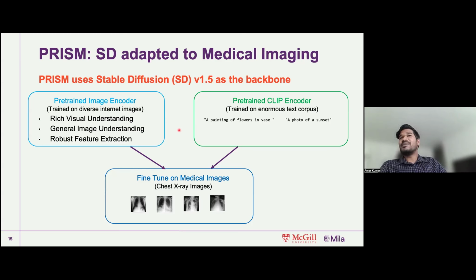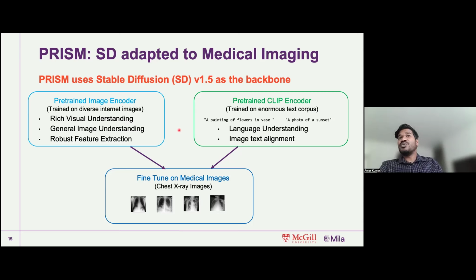And we also use the pre-trained CLIP encoder, which is trained on millions of natural text, like painting of flower in vase, photo of sunset, utilizing that for just two simple tasks, which is that it should be able to understand the language, in this case referring only to English, and also perform image-text alignment.